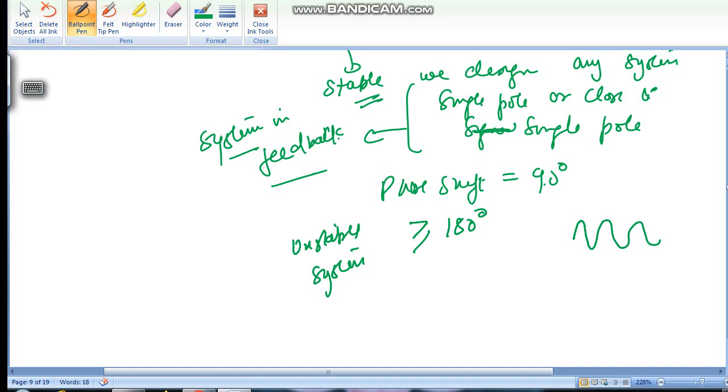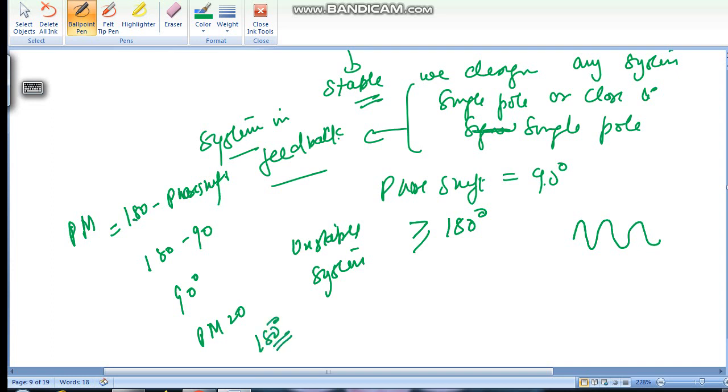Phase margin we basically consider as 180 minus whatever the phase shift is. So if a single pole system has 90 degrees phase shift, then the phase margin is 90 degrees. If the phase margin is 0, it means the phase shift is 180 degrees. This will make the system unstable and we get ringing.